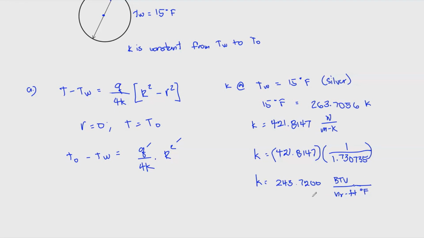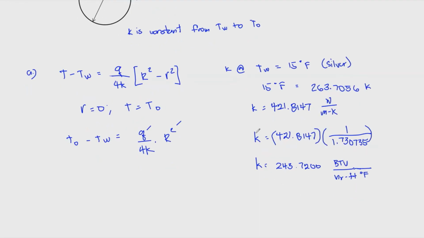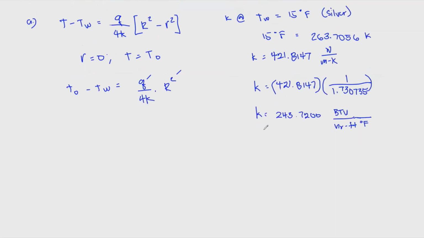Okay, now we have everything we need, so let's substitute the values here. We'll get T0, and we need this value.